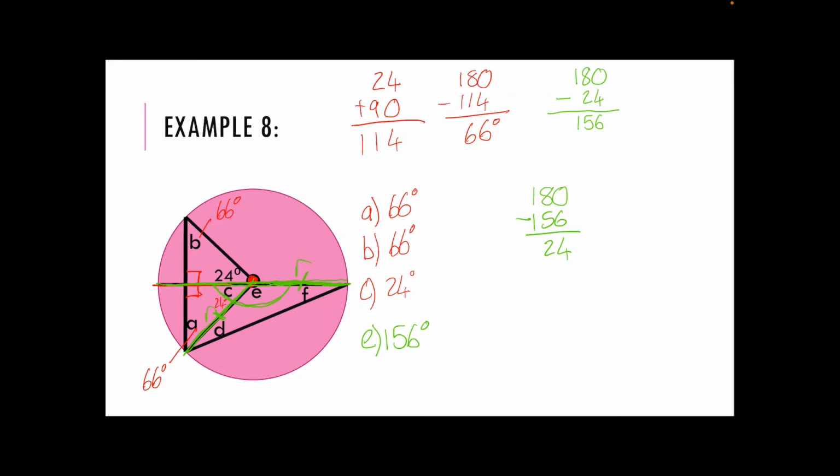I know that D and F need to be the same size, so if I am splitting something into the same size, I need to divide it by 2. So 24 halved is just going to give me 12. So D is 12 degrees and F is also 12 degrees. That is us filled in all 6 missing angles, plus the 2 right angles really, and that is you answered question 8 there.